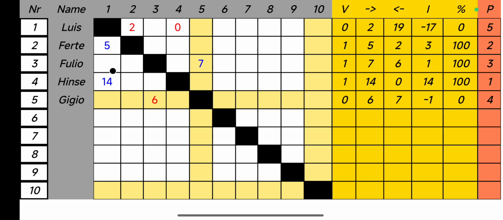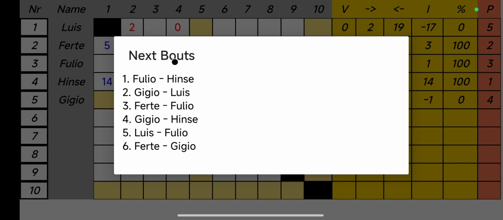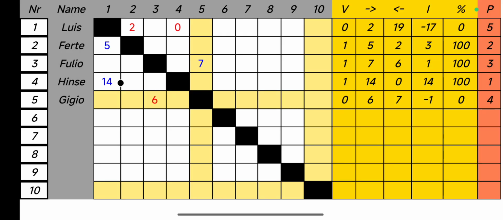If you want to play according to more standard rules, just press on the number of the participant, and then you have a list of the upcoming bouts following standard rules. You can also change the number of participants by pressing the first half of the number.